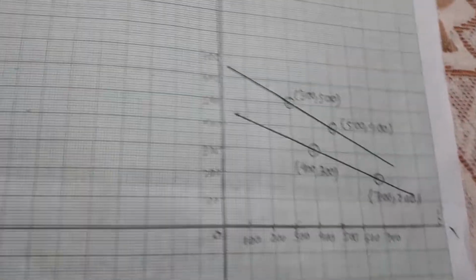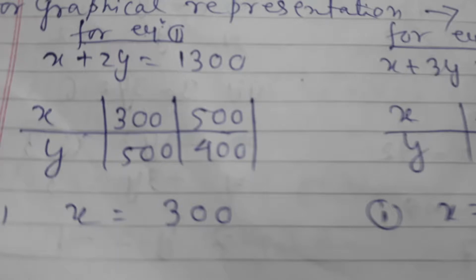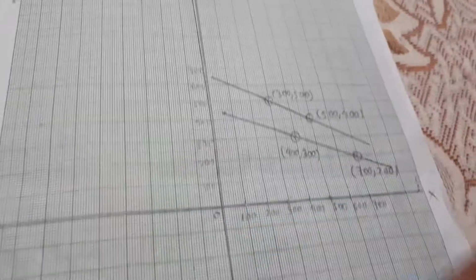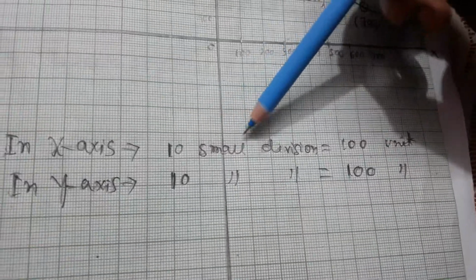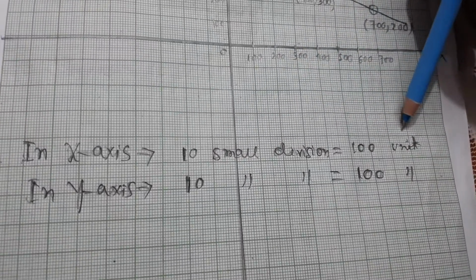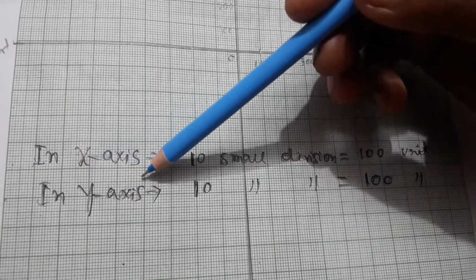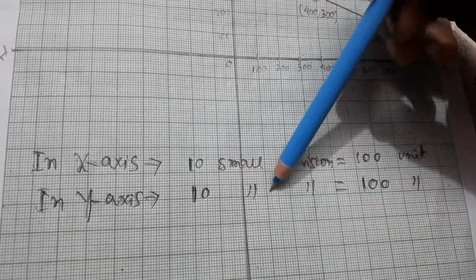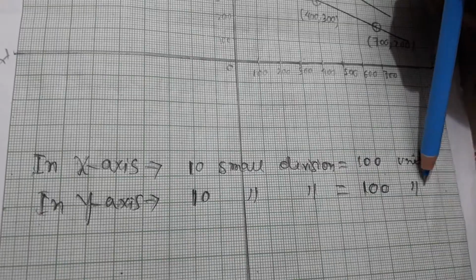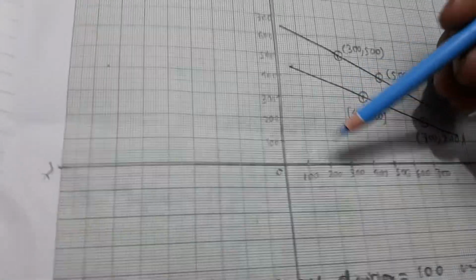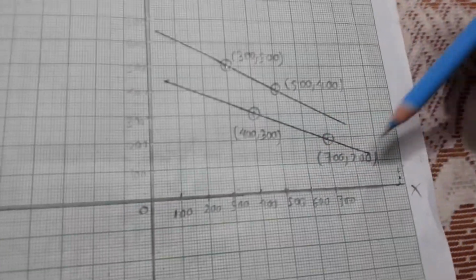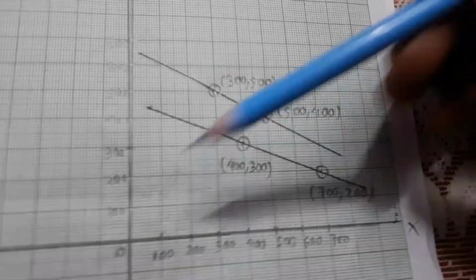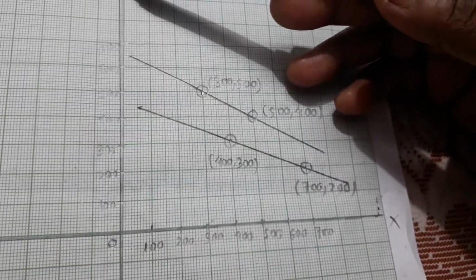Now look how I have done the graphs. This is the x-axis and this is the y-axis. On the x-axis, 10 small divisions equal 100 units, and on the y-axis also 10 small divisions equal 100 units. Now you write here 100, 200, 300, 400, 500, 600, 700, 800, and on the y-axis also you write the same.